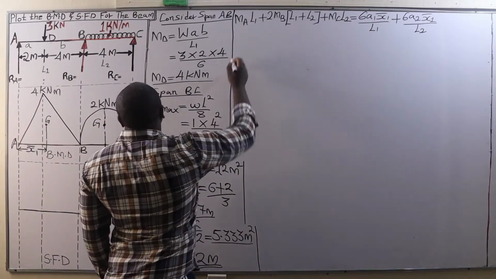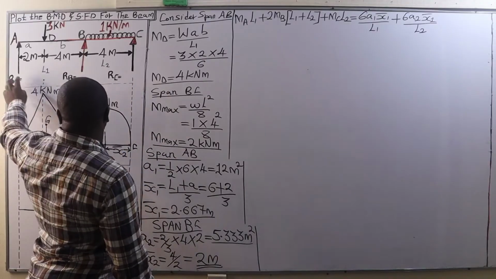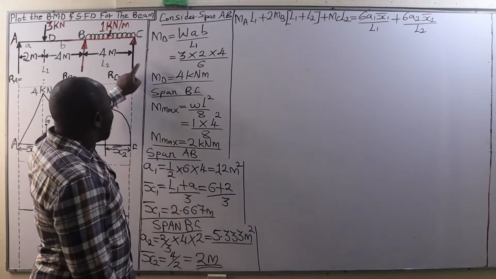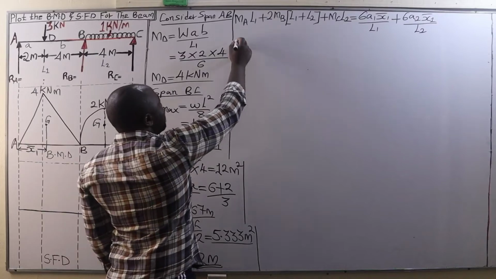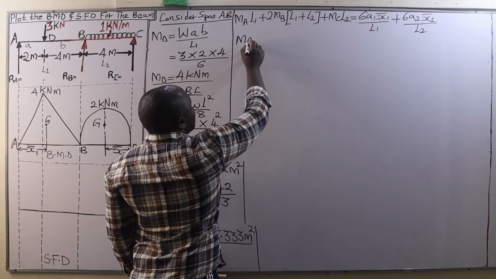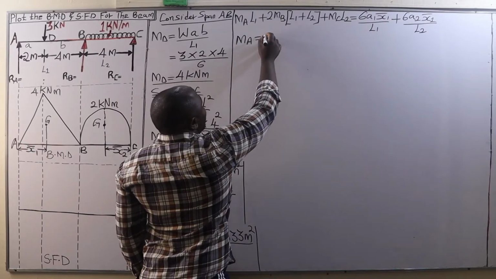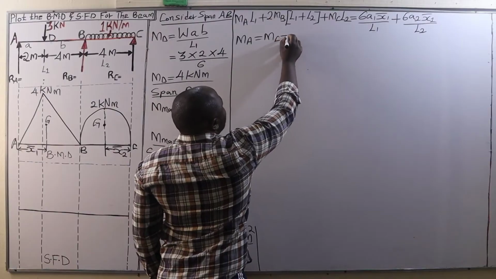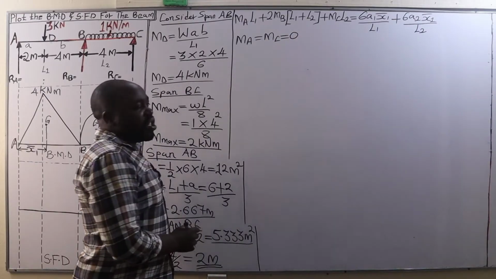Now, for a continuous beam with 2 end supports, the bending moment at the end supports, that is the bending moment at A as well as the bending moment at C, are equal to 0.